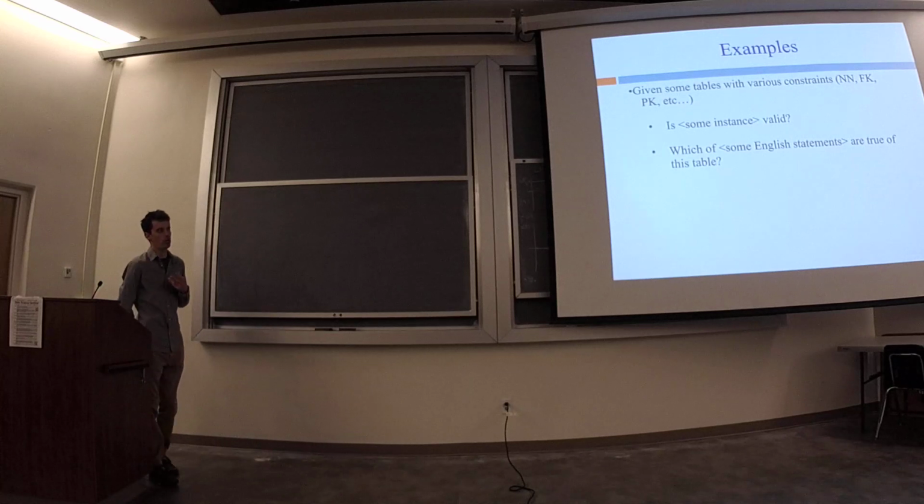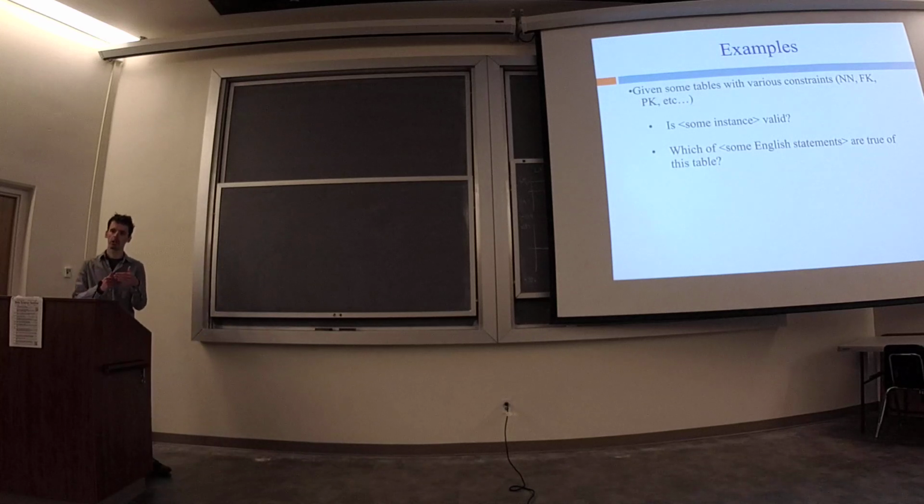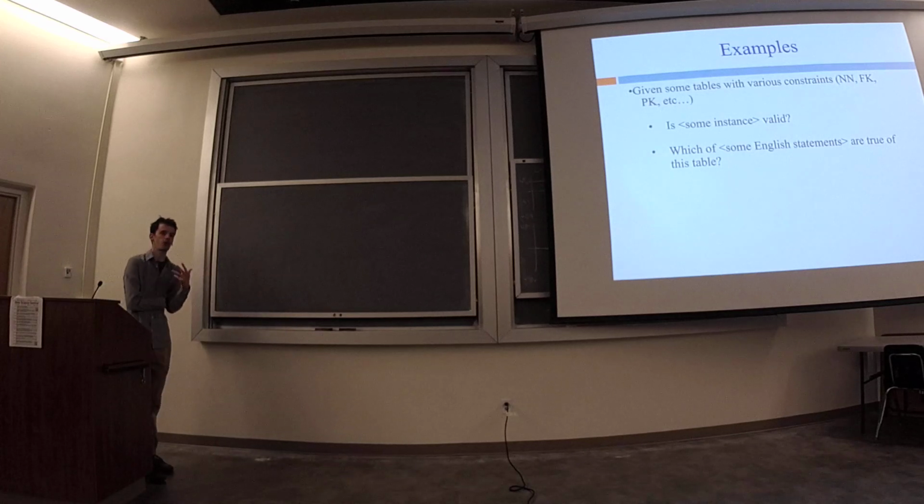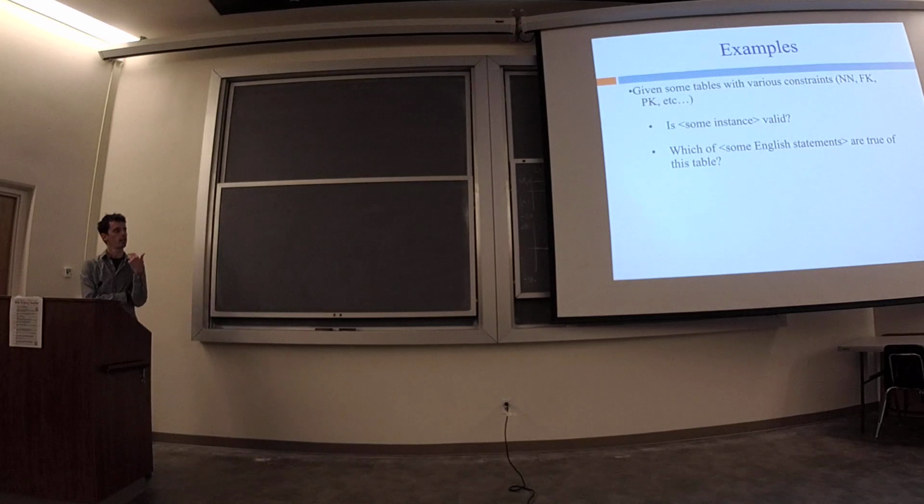An example would be, if you have duplicates in some column, it's not allowed to have duplicates. The answer would be no. Or which of some English statements are true about this statement? So like, an X can have multiple Y's, or whatever.